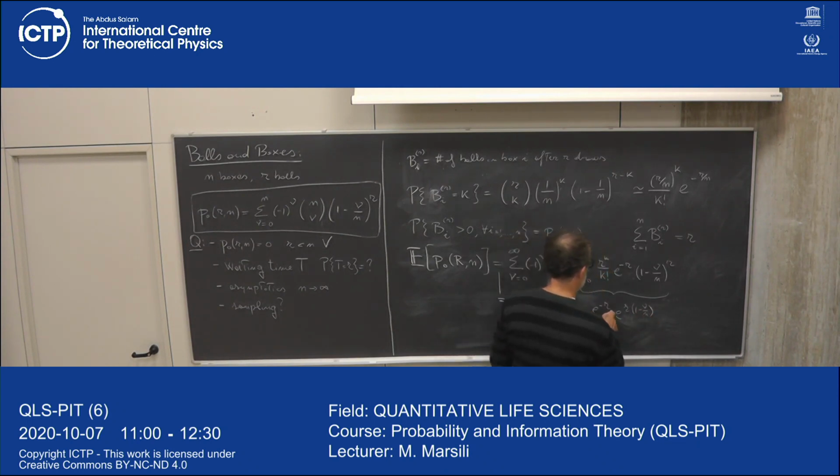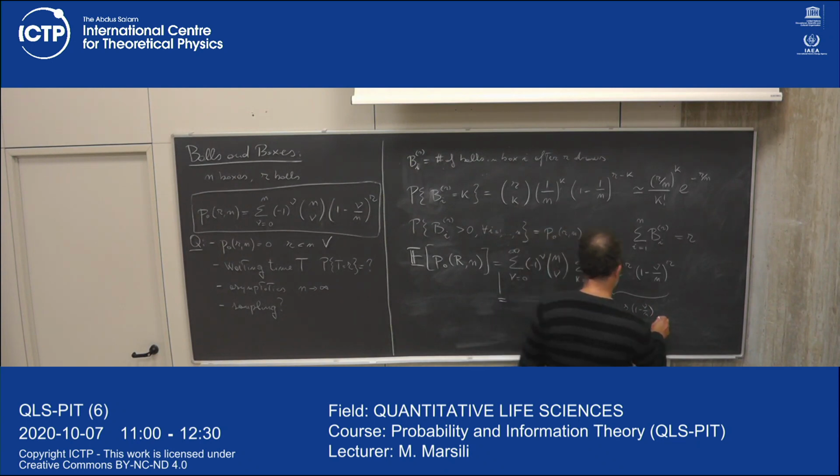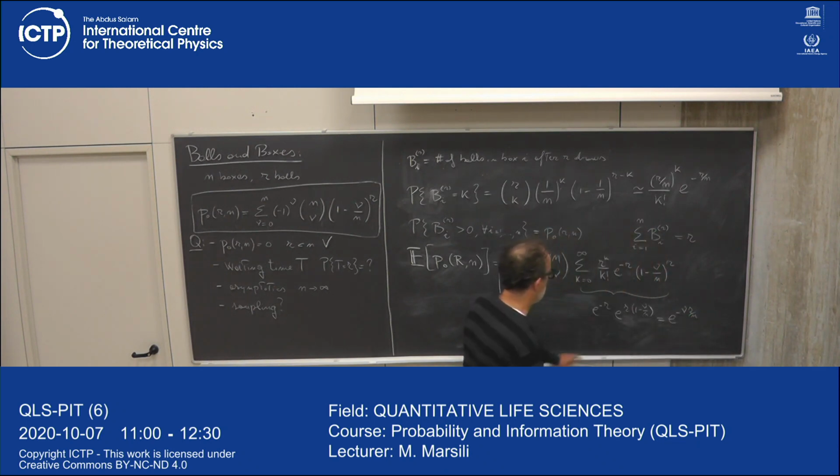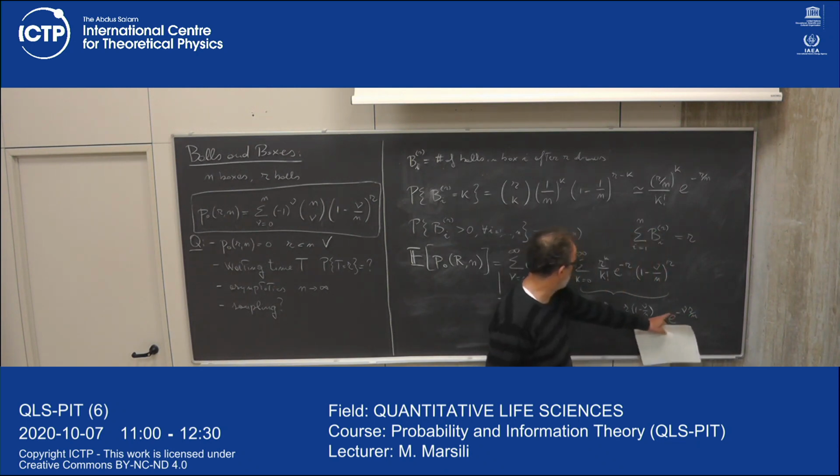You see that the R's cancel, so this is just e to the minus nu R over n.